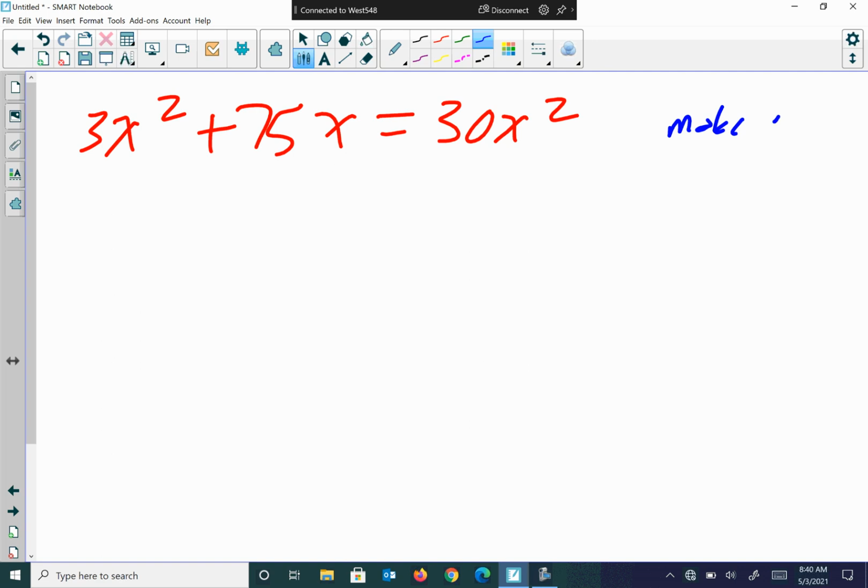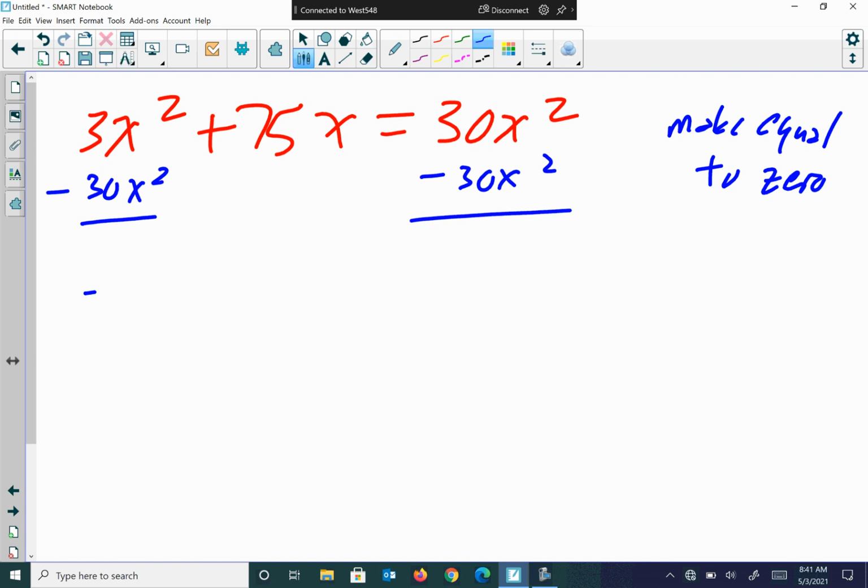Cool. So make equal to 0. So I'm going to subtract 30x squared from both sides. So that's -27x squared plus 75x equals 0. Huh. Ooh.